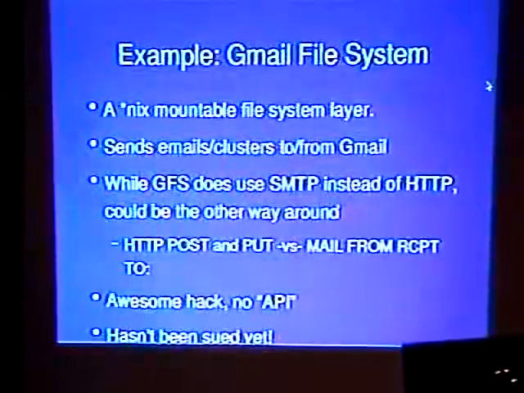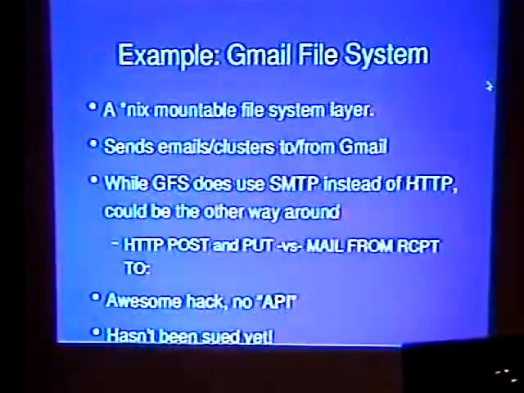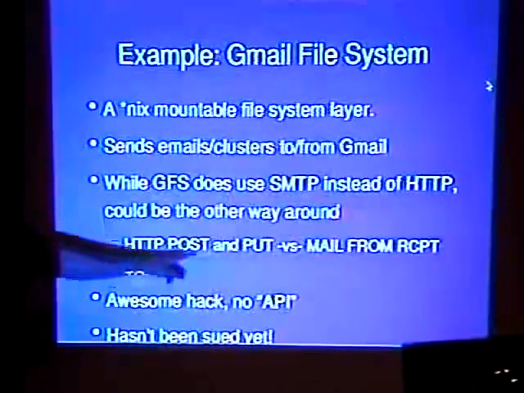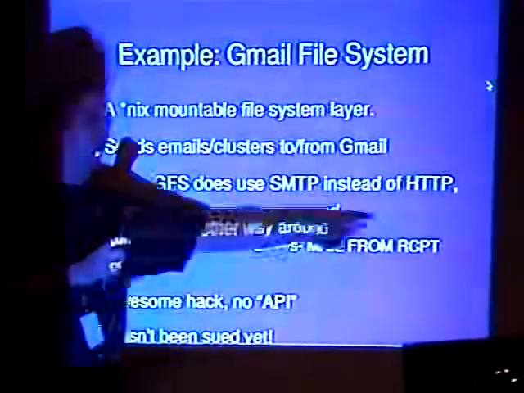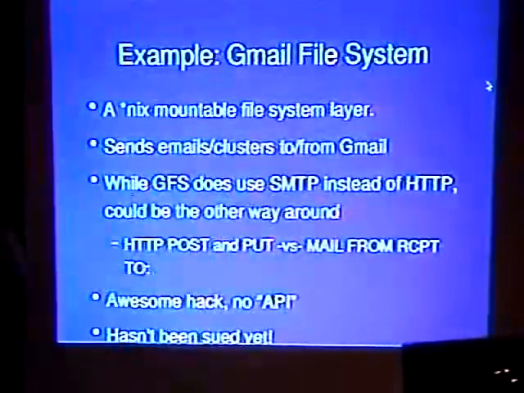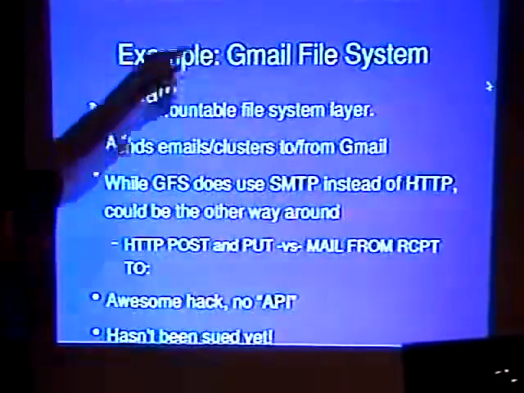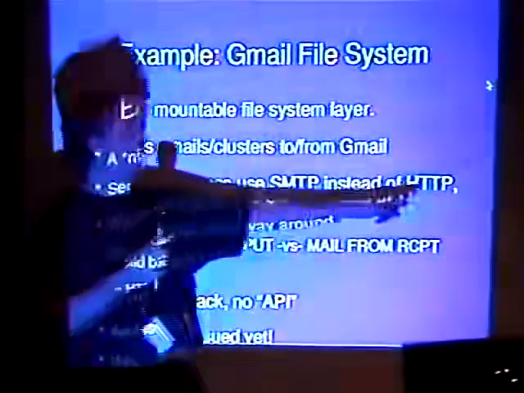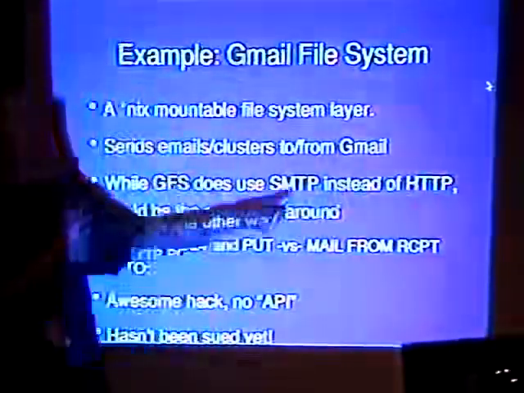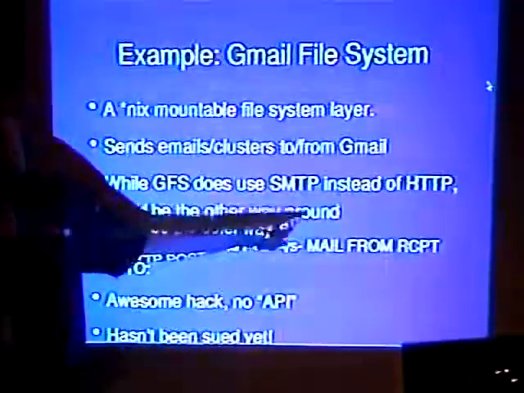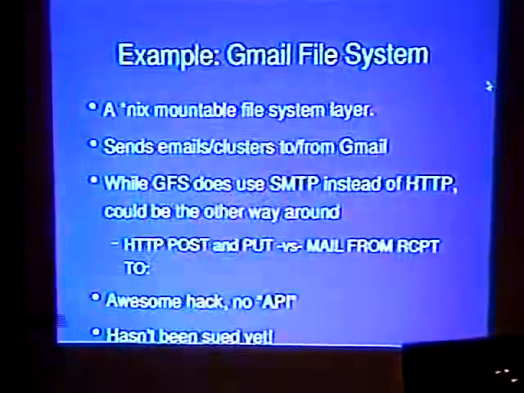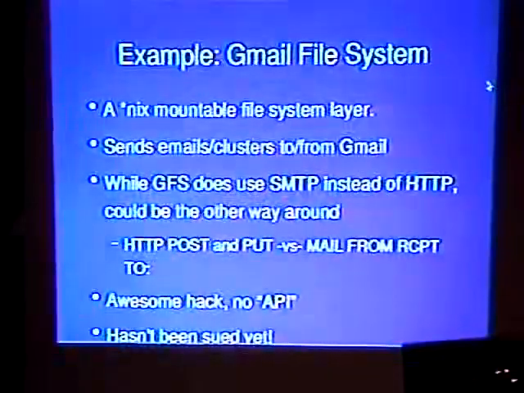So the same way you would compose an email and hit enter, you would be using an HTTP POST or a PUT versus a MAIL FROM and a RCPT TO. I mean, it's a different protocol, but they are so similar. You could implement the Gmail file system actually making raw connections to the website as opposed to making raw connections to their mail server, but it's the same concept. It's an awesome hack. The guy had no API at all, and he hasn't been sued yet.